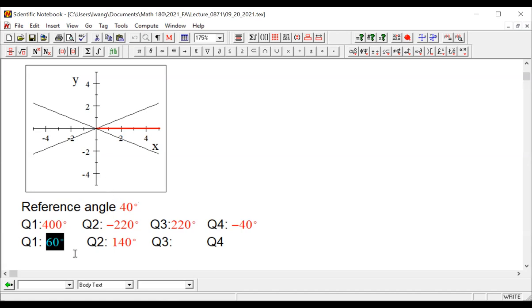Yes, 60 degrees is in the first quadrant, but its reference angle is 60, not 40. Do you guys follow me?